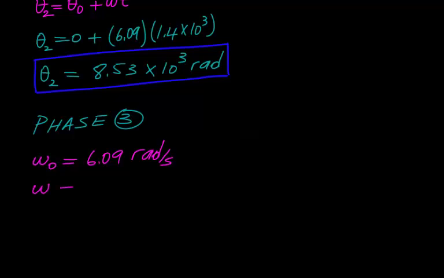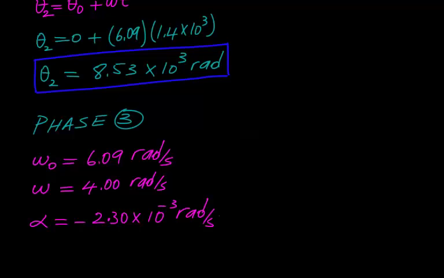The omega final is given to us to equal 4.00 radians per second. The angular deceleration is also given in the question, which is equal to negative 2.3 × 10^-3 radians per second squared.